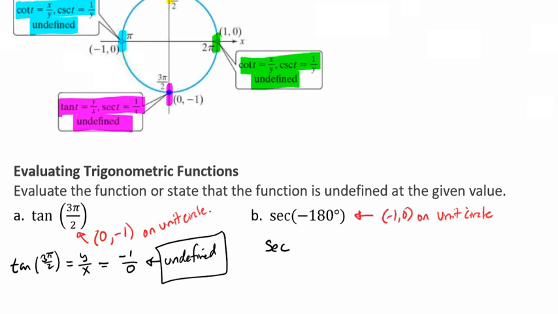So the secant of negative 180, our points for that are going to be 1 over x. So if we plug our values in, that's going to give us a 1 over, and our x value here is negative 1, and 1 divided by negative 1 is negative 1. And here we get our answer for the secant at negative 180 degrees.